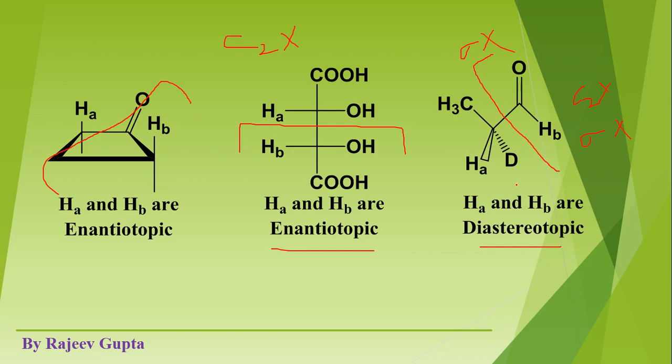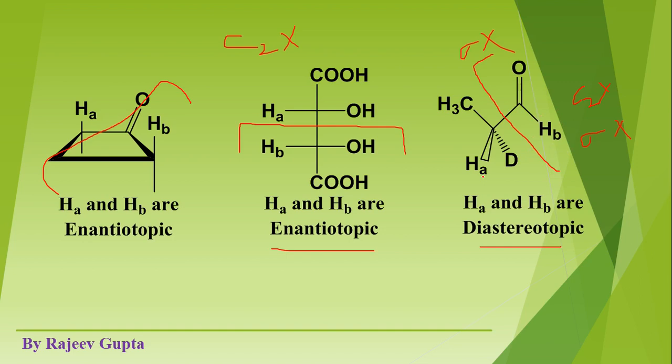Also we can see in this molecule, Ha and Hb are actually in a constitutionally diastereotopic relation. Means if we replace Ha by a different ligand, or Hb with a different ligand, then we get two products and these two products will be constitutional isomers.